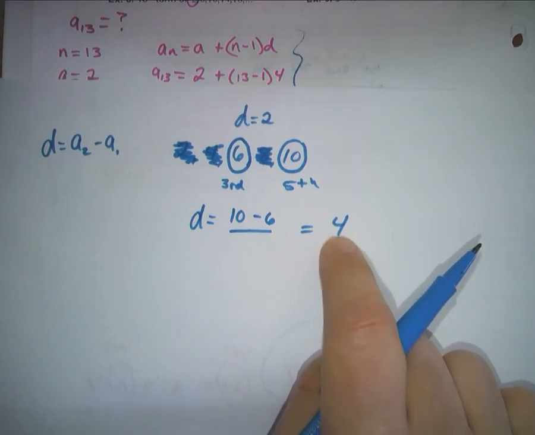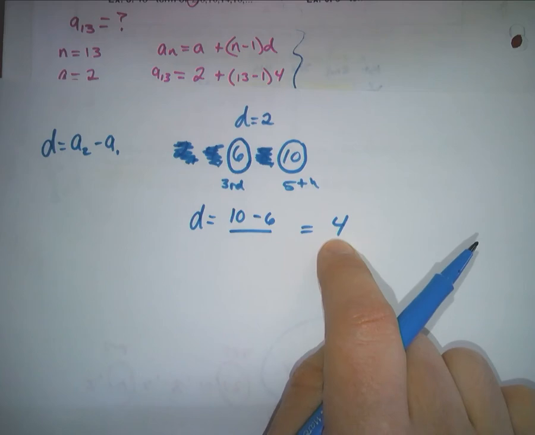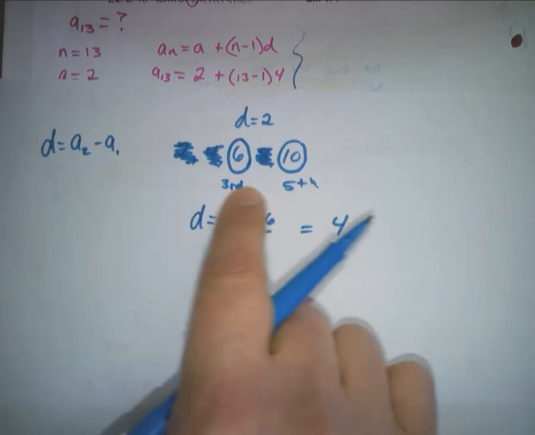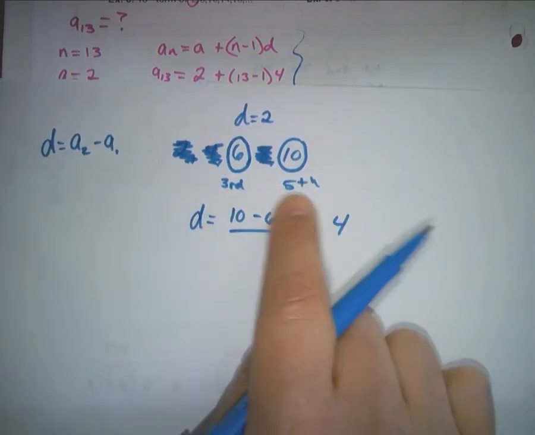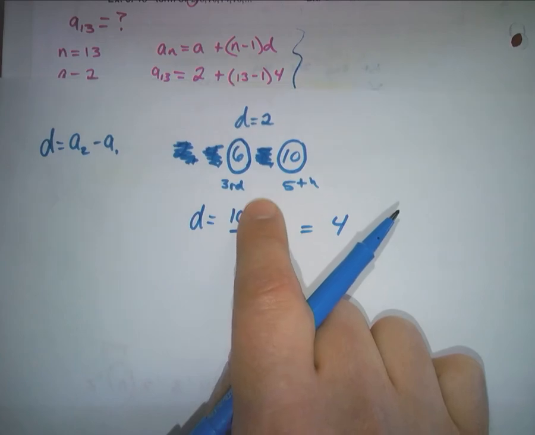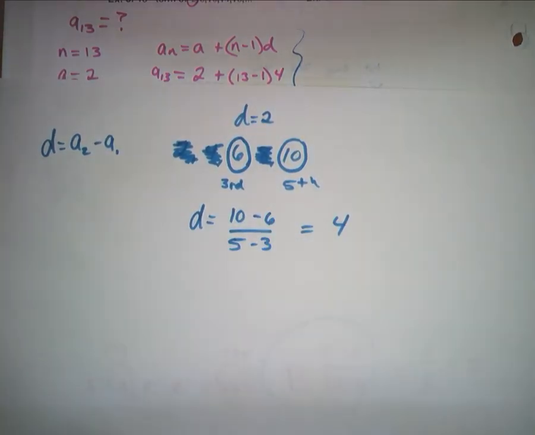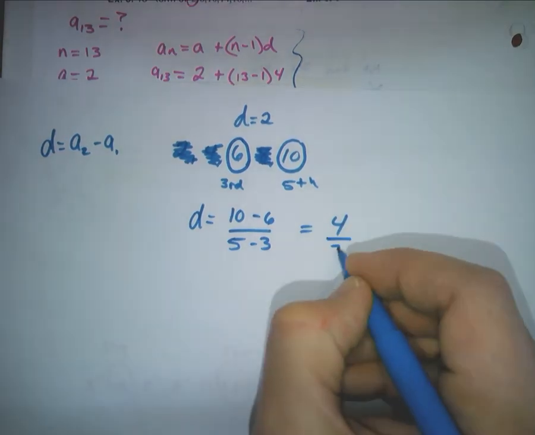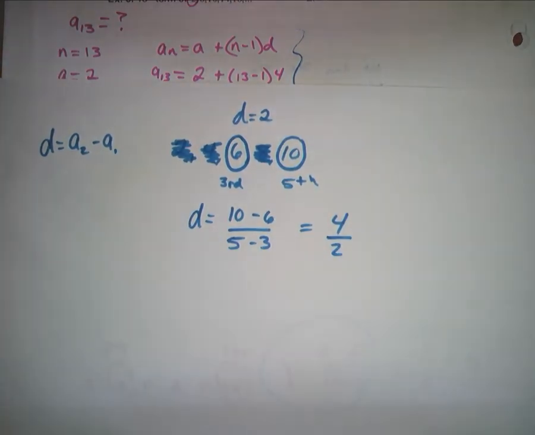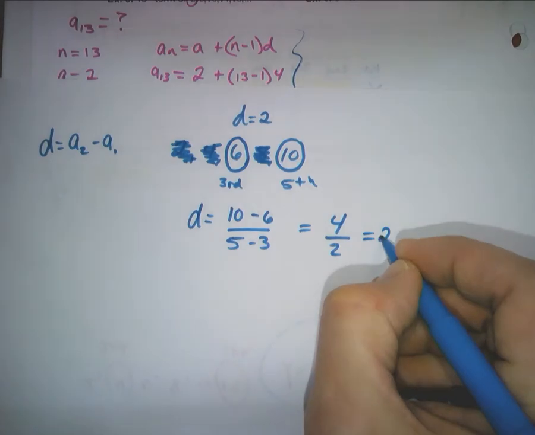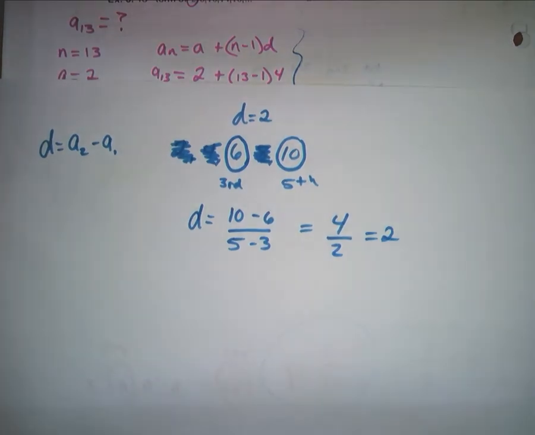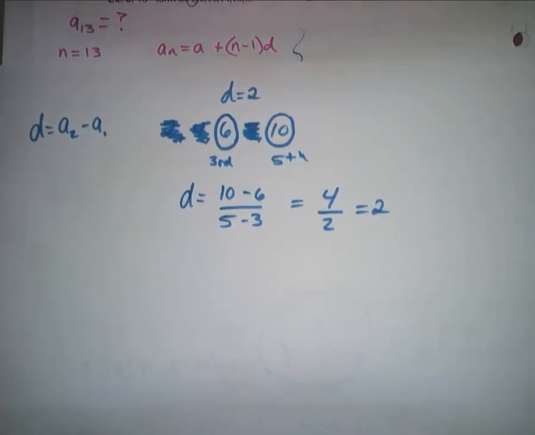So what do we have to do to turn that into a 2? And Kaylee was saying use the position of where these guys are, the difference between these two, right? So if you do 5 minus 3 here, you agree that's 2. And 4 divided by 2, you guys get is 2. Does that make sense?